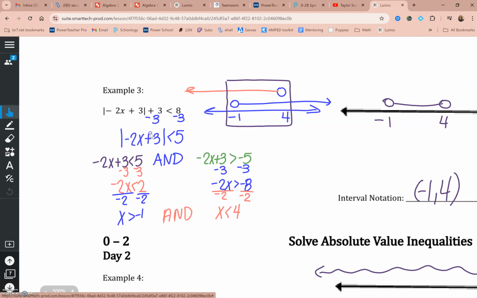Since it's less than, it's an and statement. My first one is the exact same statement without the bars. The second one, the left side stays the same as this blue one right up here. And we had to flip the sign and make the right side negative. We solved, we made a rough draft, we figured out where it overlapped, and then we did the interval notation.